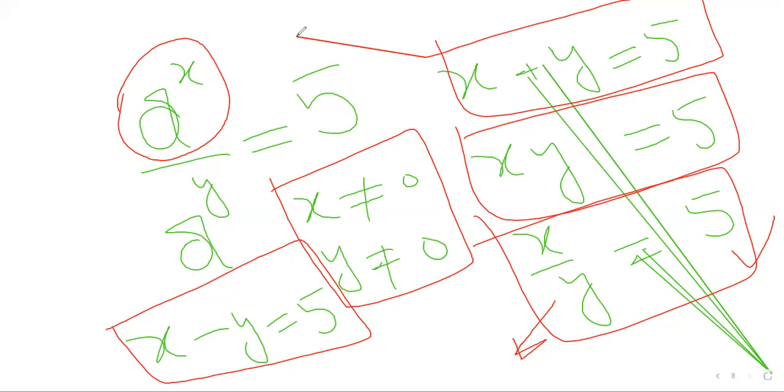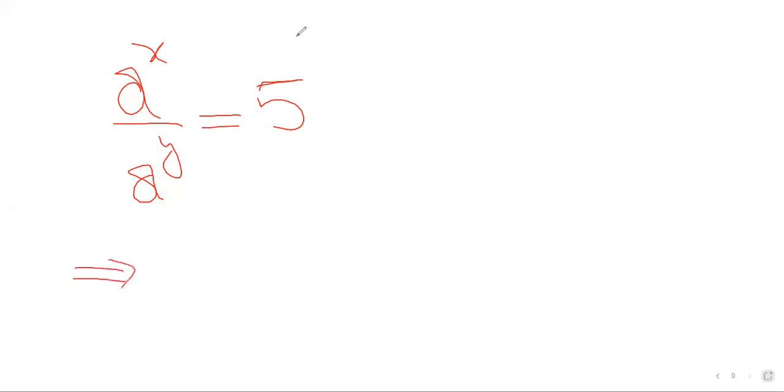But anyhow, this problem is very simple in a sense: a raised to power x and a raised to power y is equal to 5. This is all about the question. What we have to do is that this a is going up and its sign is changing.